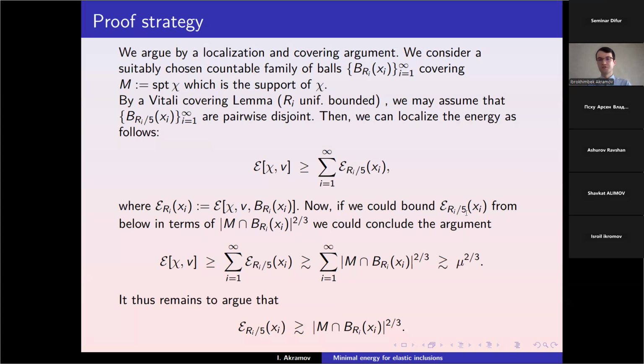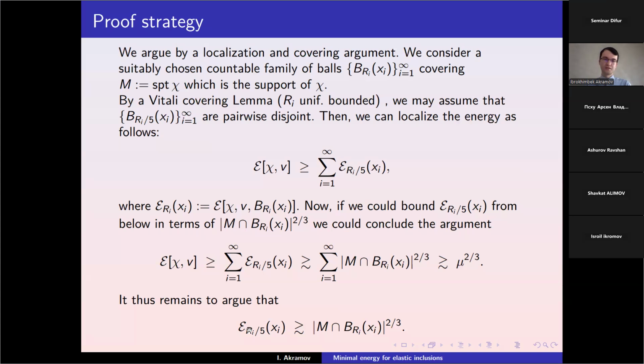This is a ball with radius Ri centered at xi. Now, if we could bound E(Ri/5, xi) from below in terms of the measure of M intersected with B(Ri, xi) to the power of 2 over 3, we could conclude the argument, because the energy would be bounded by the sum of these terms, and this is also bounded by this, and this energy is smaller than mu to the power of 2 over 3, times some constant.